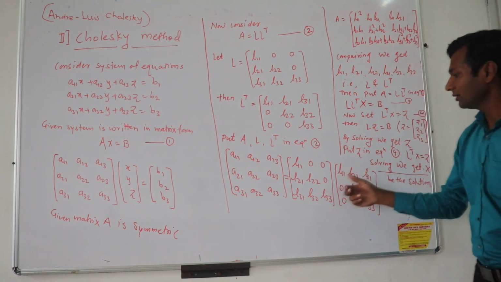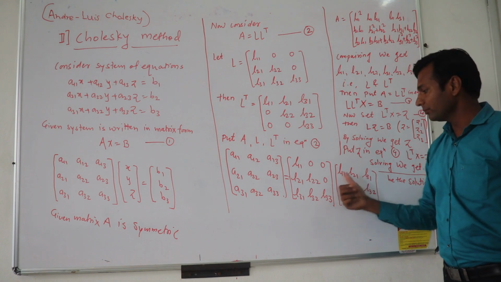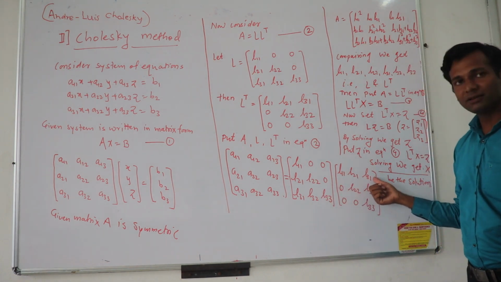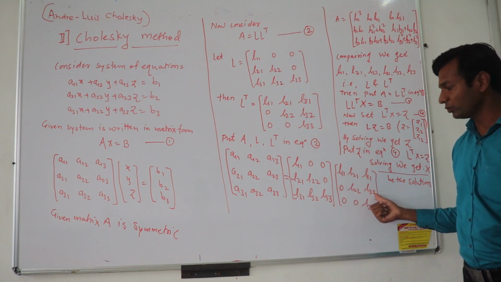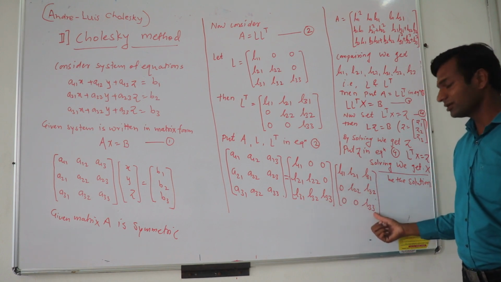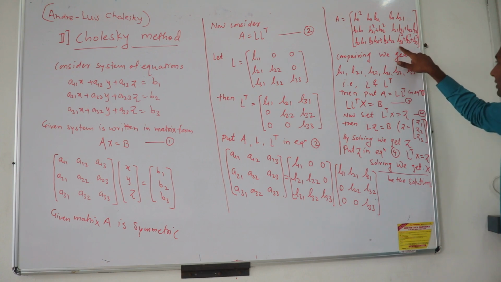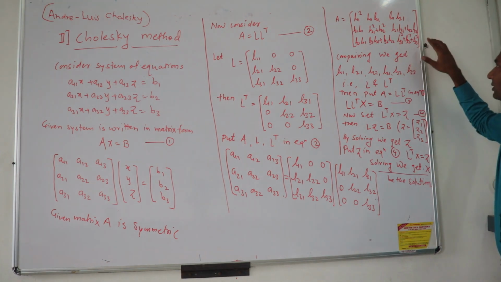And the last one, third row, third column: L31 into L31 becomes L31 square, plus L32 into L32 becomes L32 square, plus L33 into L33 becomes L33 square. That is L31 square plus L32 square plus L33 square is the third element.